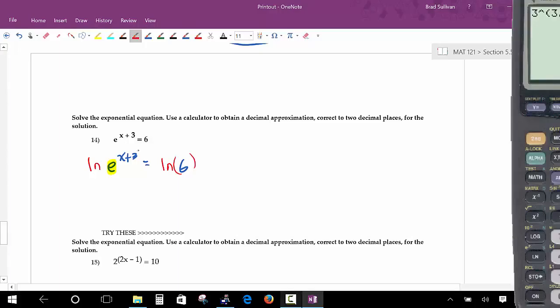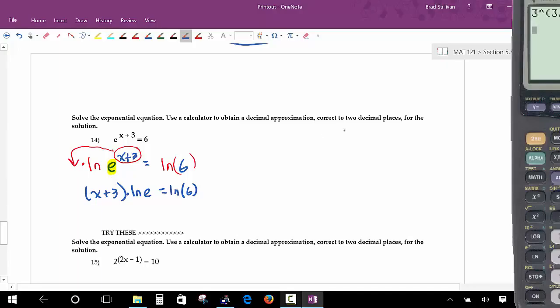All right, now here's the key. What are you allowed to do with the x plus 3? There you go, bring it down. So what you're going to have is x plus 3 times the ln of e is equal to the ln of 6. You don't have to have the parentheses around the 6 there.